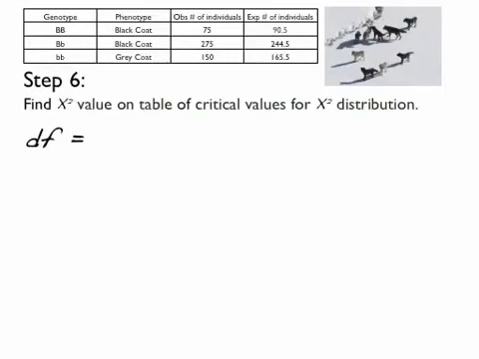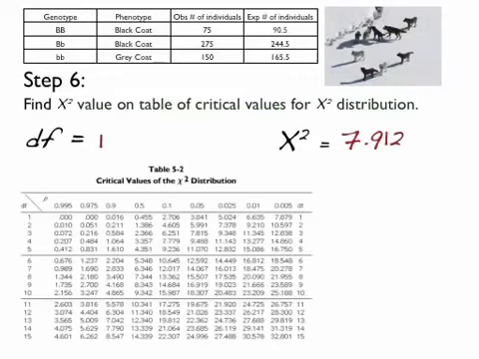So finally, step 6 is to find the chi-square value that you calculated on a table of critical values for the chi-square distribution. We calculated the degrees of freedom as 1, and the chi-square to be 7.912. So we refer to a table of the chi-square distribution, and we look for where our degrees of freedom are. In our case, it's 1.